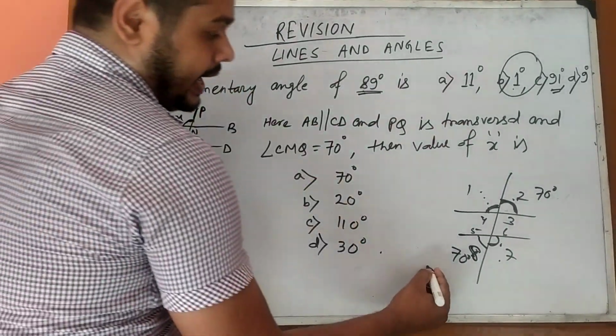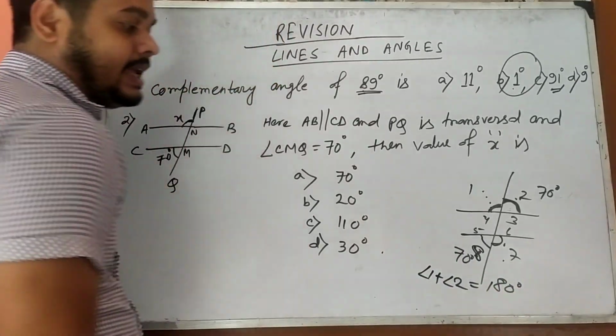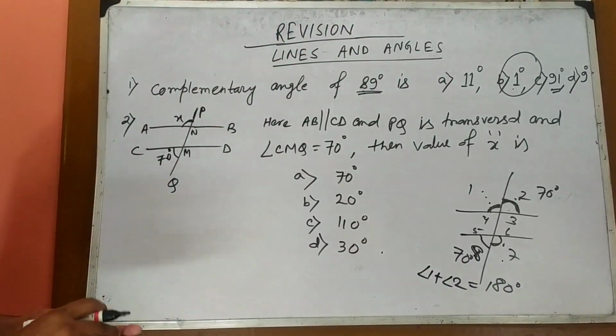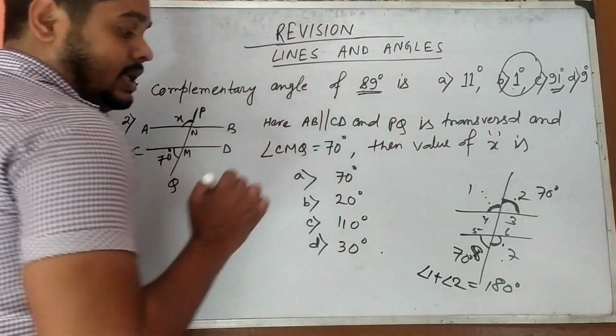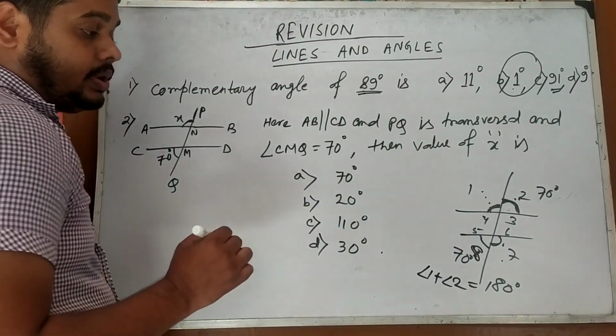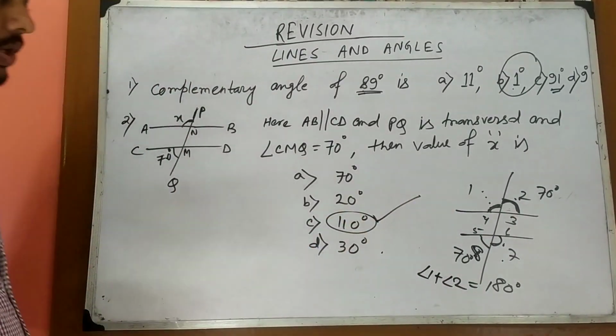Angle 1 and angle 2 are a linear pair of angles, so angle 1 plus angle 2 equals 180 degree. As angle 2 is 70 degree, therefore angle 1 is 110 degree. So this is our right option.